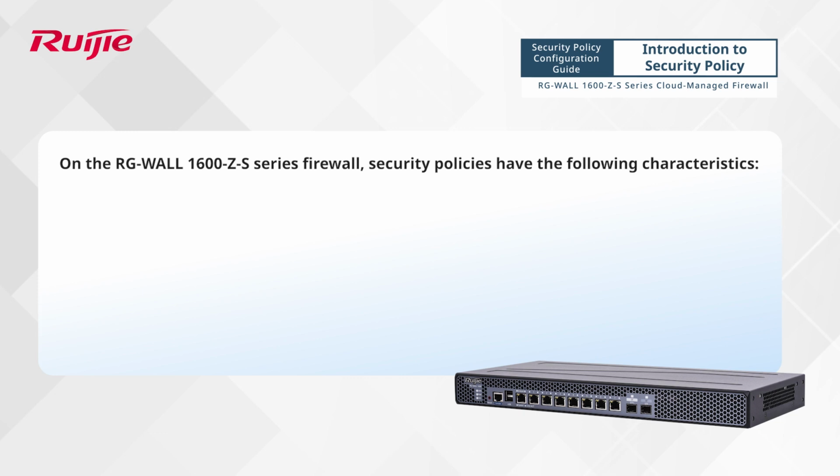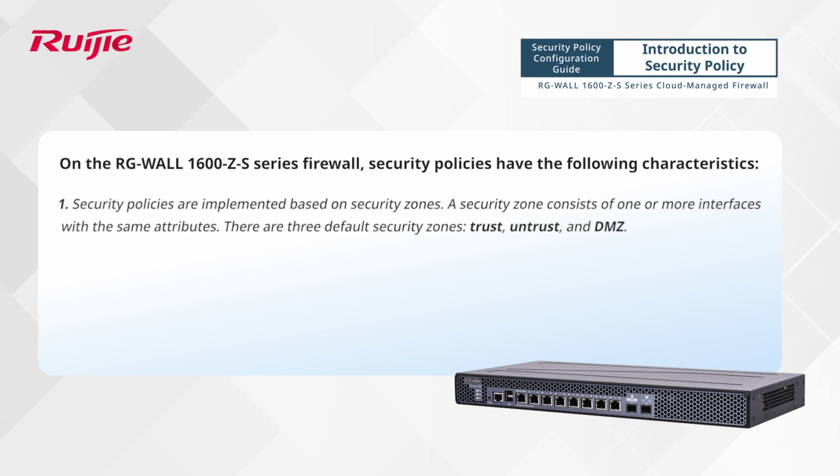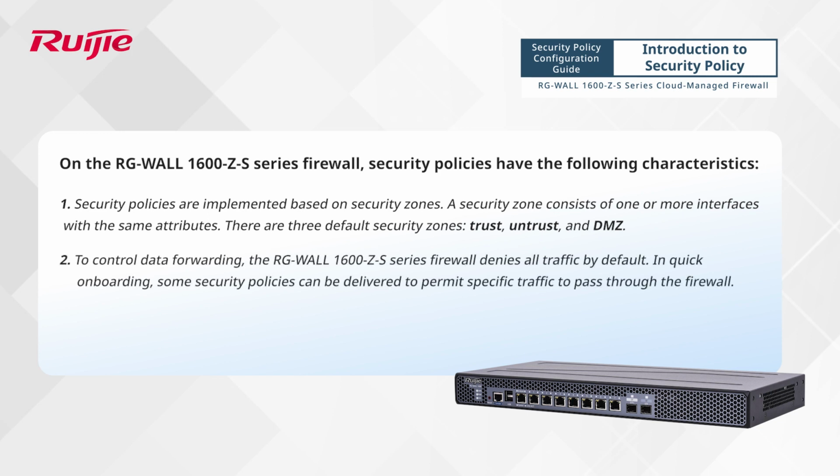On the Firewall 1600Z S-Series firewall, security policies have the following characteristics. 1. Security policies are implemented based on security zones. A security zone consists of one or more interfaces with the same attributes. There are three default security zones: trust, untrust, and DMZ. 2. To control data forwarding, the Firewall 1600Z S-Series firewall denies all traffic by default.